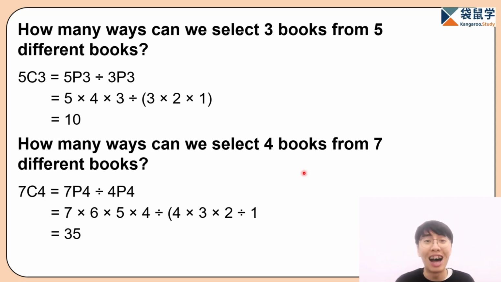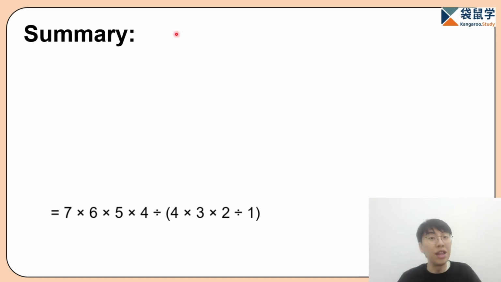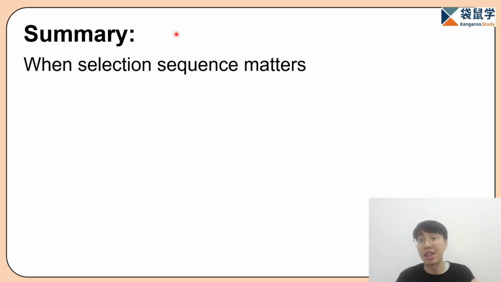With this in mind, that is all that we have to share for permutation and combination. So now let's take a look at a summary for today's session. When the selection sequence does matter, what do we have to do?